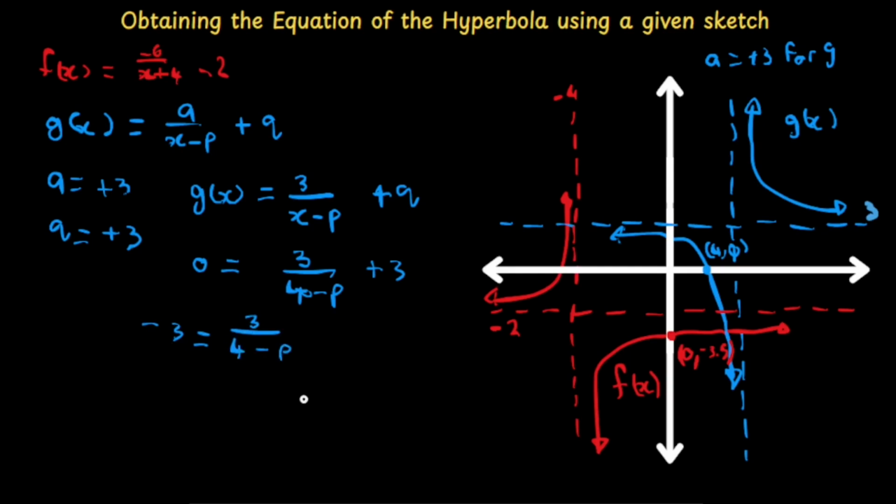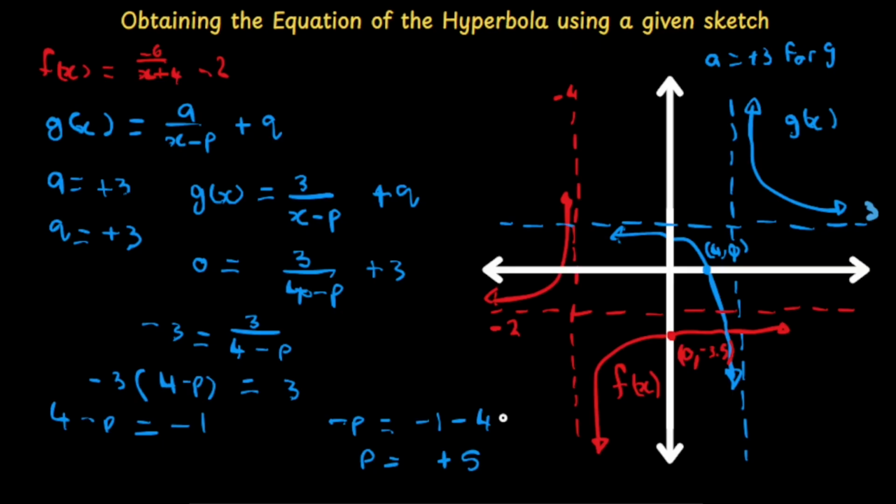Multiplying both sides of this equation by 4 minus p, I would obtain negative 3 times 4 minus p is equal to positive 3. Dividing both sides by negative 3, I would obtain 4 minus p is equal to negative 1. And now transposing the 4 over the equal sign, I would get negative p is equal to negative 1 minus 4, and I would obtain p is equal to positive 5.